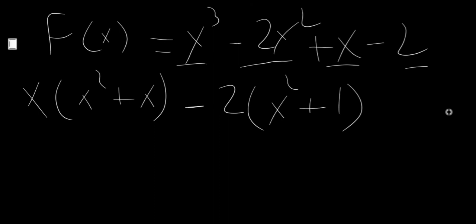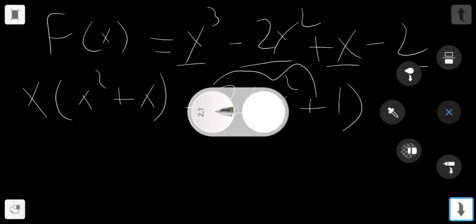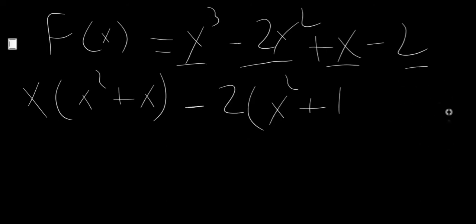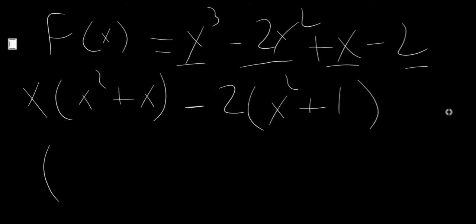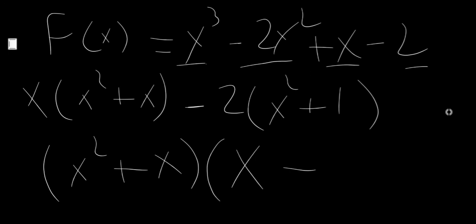Okay, look, just put minus 2x squared minus 2. So I didn't do anything special over here. But now look, you have this part and this part, they are the same, so we can take them out. So x squared plus x multiplied by x minus 2.